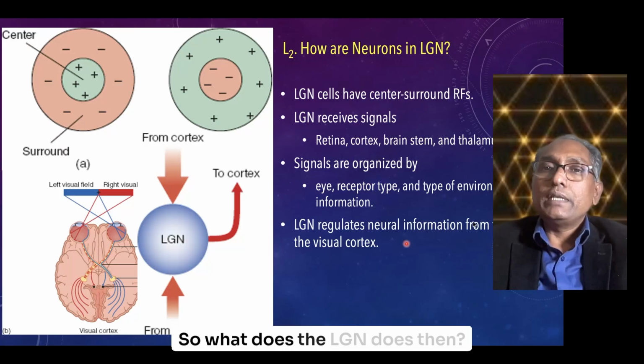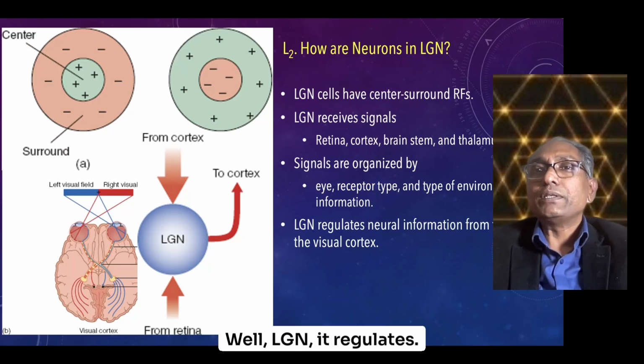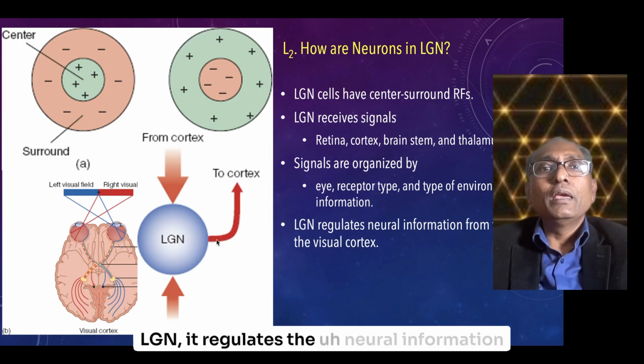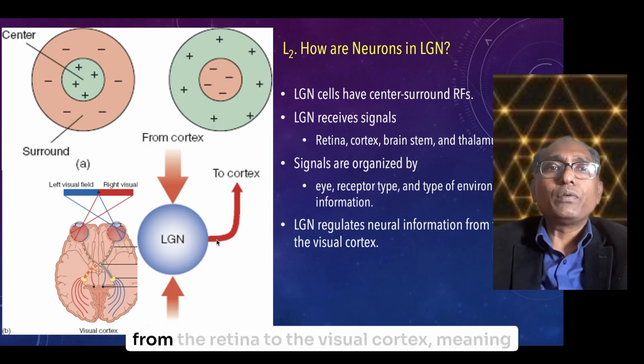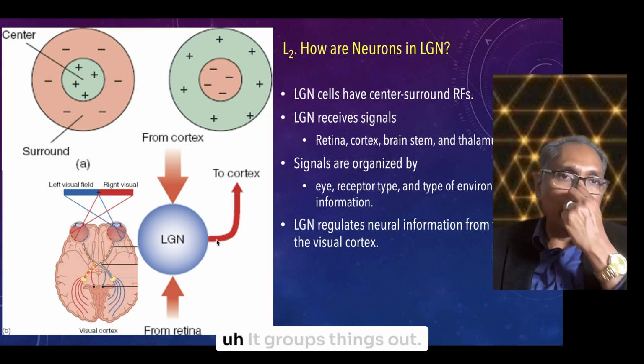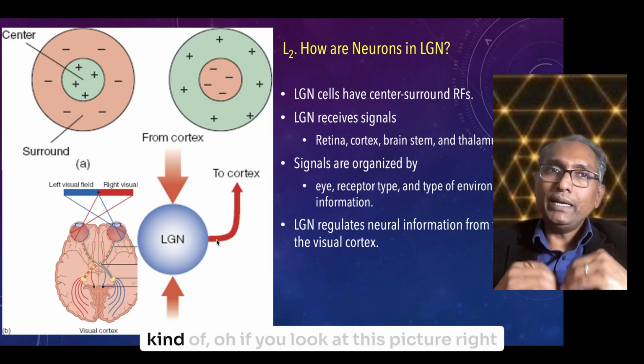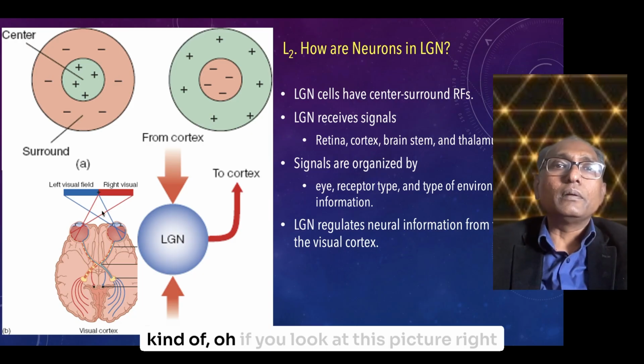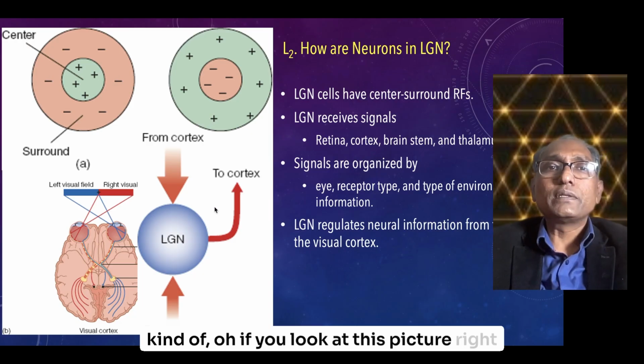So what does the LGN do then? Well, the LGN regulates the neural information from the retina to the visual cortex, meaning that it sorts things out. It groups things out. If you look at this picture right here.